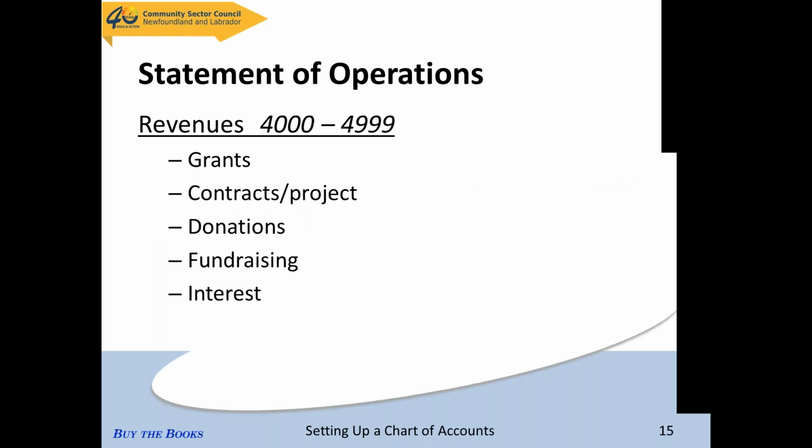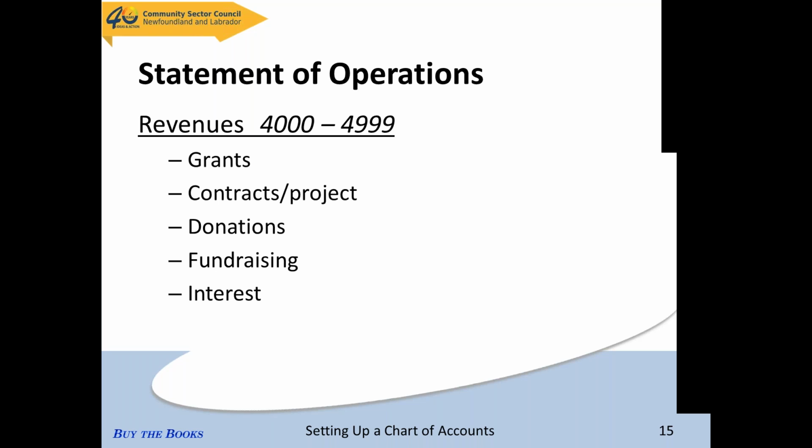Revenues are the 4,000 level numbers, and there could be 3 revenue accounts. There can be 50. It really depends on the organization and how you want to be able to report your revenue. So how specific do you want to track it?